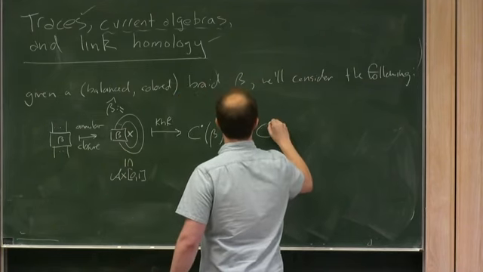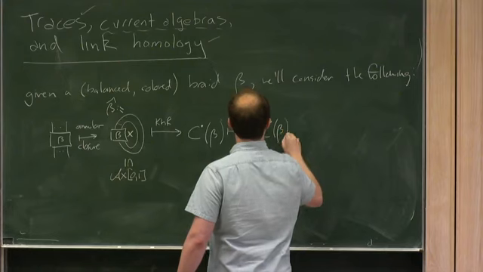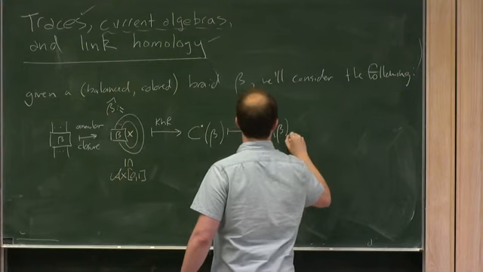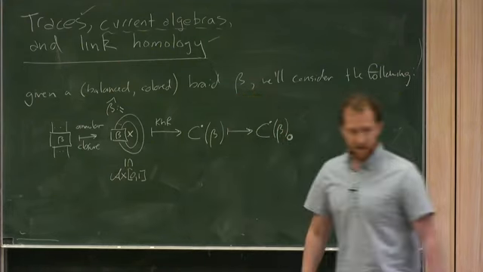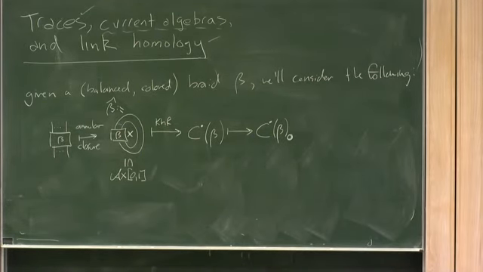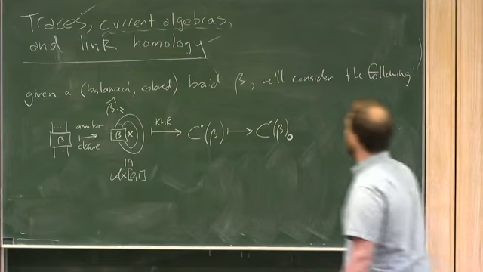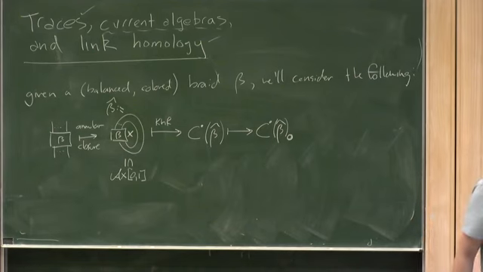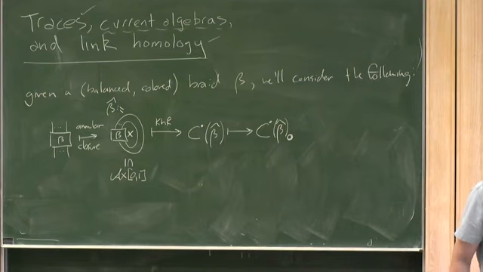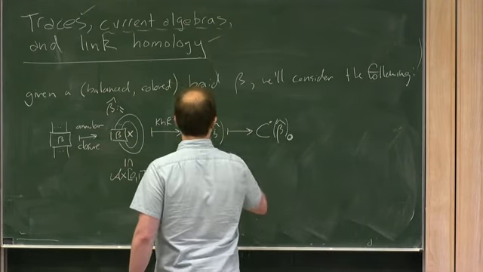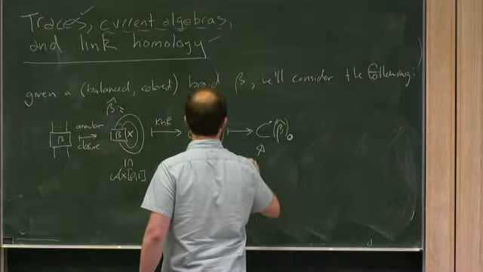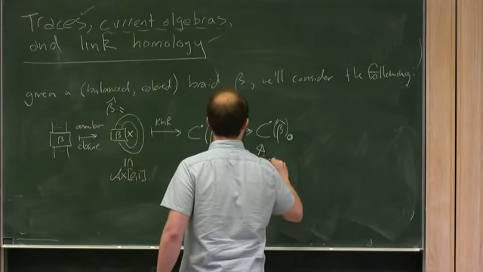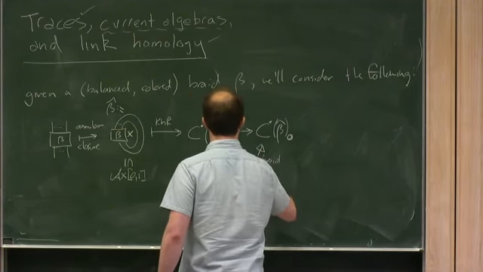I'm going to pass from this complex to a simpler, in some sense, one, which I will just denote by the complex assigned to the closure, with this little circle there. So somehow the philosophy is that the circle is easier in some sense. Both of these will be invariants of braid conjugacy.